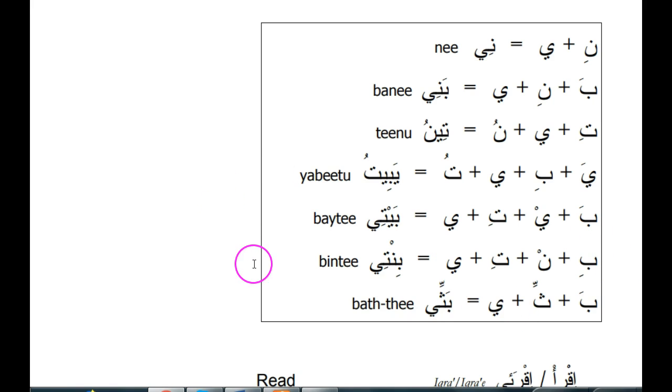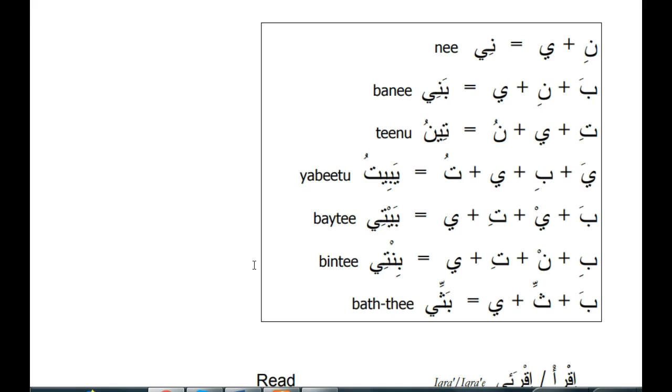Alright, let's continue. Ba kasra, nun sukun, ta kasra, ya, binti. The same. When it's at the end, you don't read biinti. Biinti is not correctly read, because when the ya is at the end, you just read it one time, especially because this is a pronoun which is saying that this is mine.